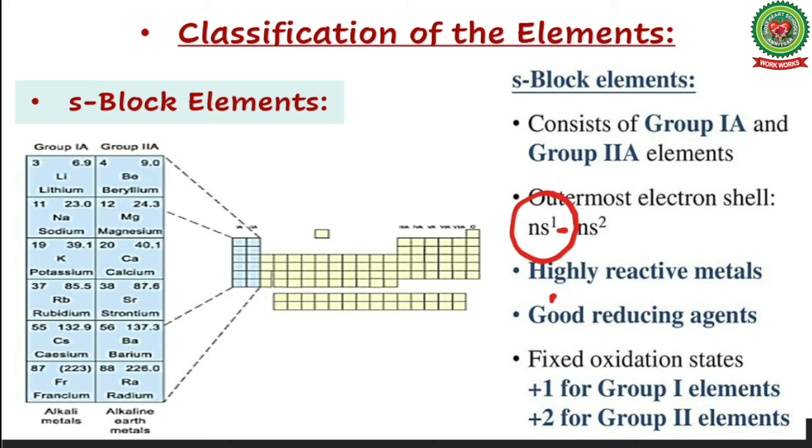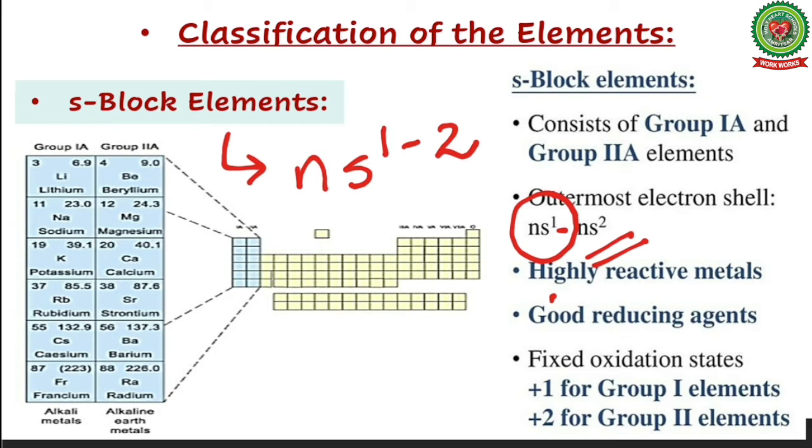And if two electrons are entering in the s orbital, the last two electrons, that means the electronic configuration will be ns2. So the general electronic configuration for S block elements is ns1-2. So we can study it in this way.